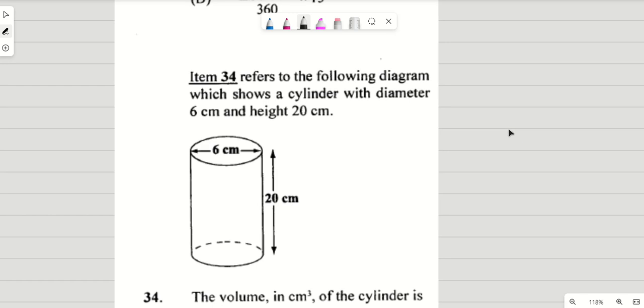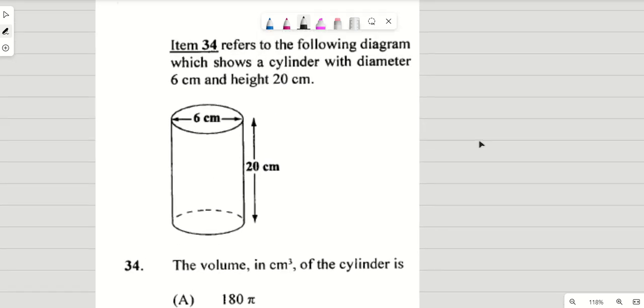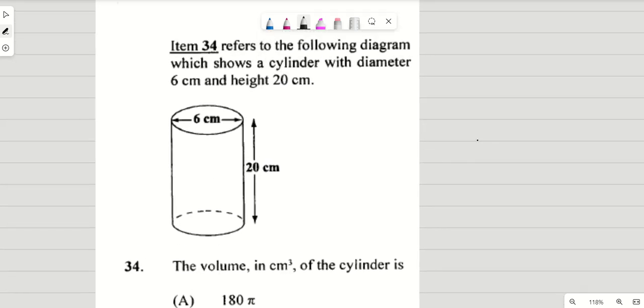Item 34 refers to the following diagram, which shows a cylinder with diameter 6 and height 20. The volume in centimeters cubed is, first off, the volume of a cylinder is equal to pi r squared h. We know that your diameter is 6, so radius is 6 divided by 2, which is 3.